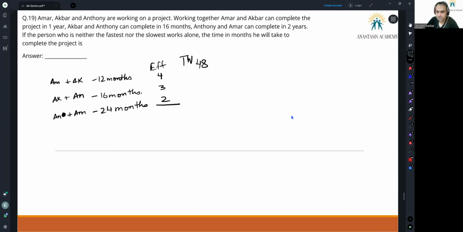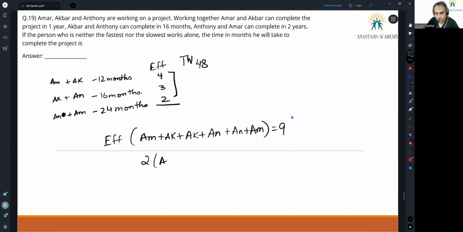So can you see, efficiency wise, Amar plus Akbar plus Akbar plus Anthony plus Anthony plus Amar is equal to 9, their combined efficiency. Or 2 times of Amar, Akbar and Anthony is 9, or Amar plus Akbar plus Anthony is 4.5.